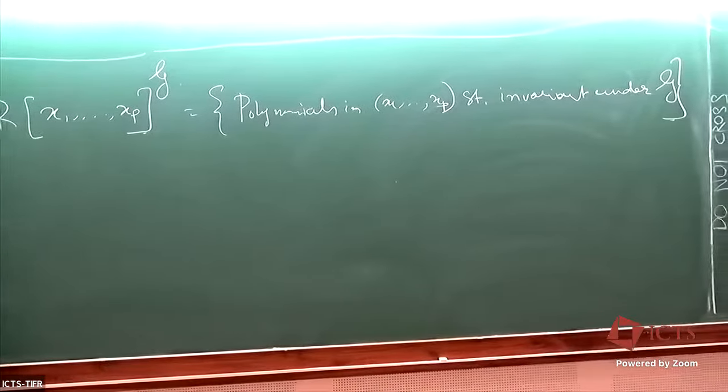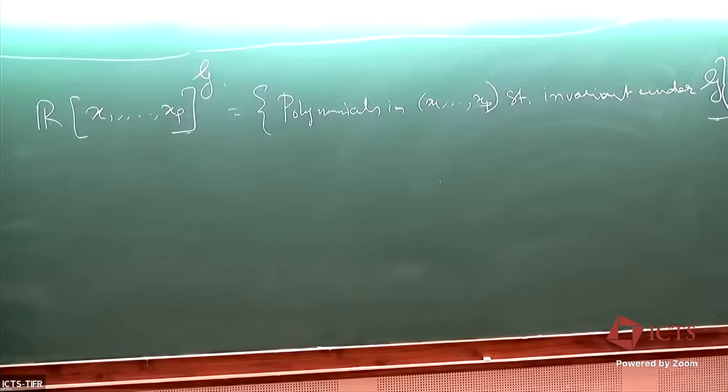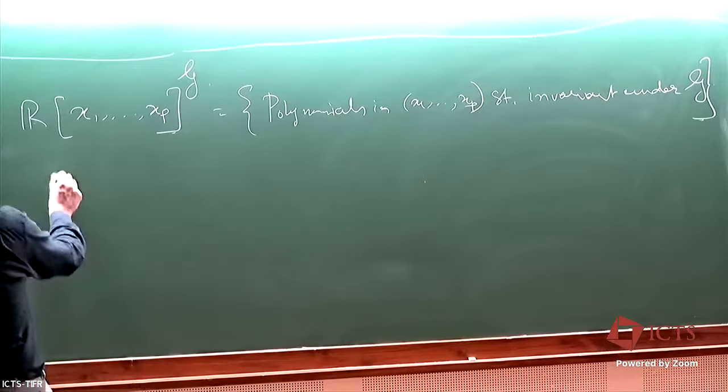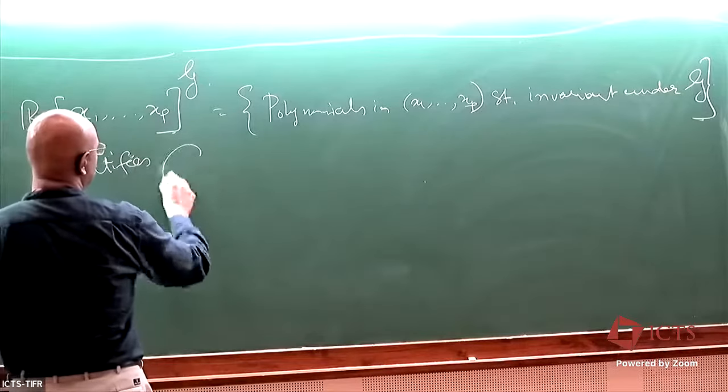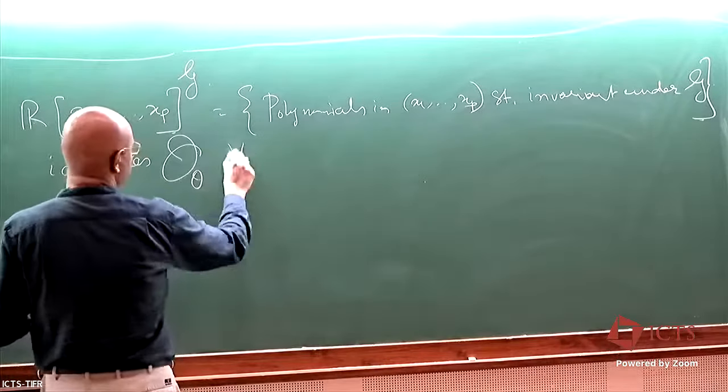So these are in fact invariant polynomials, and this identifies the orbit of theta for all theta.